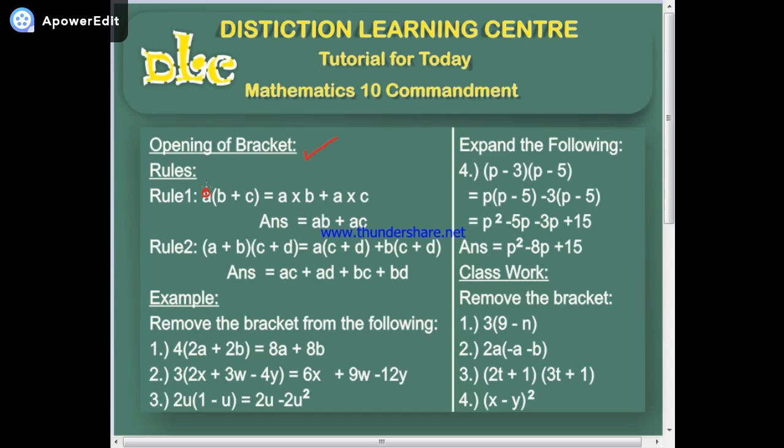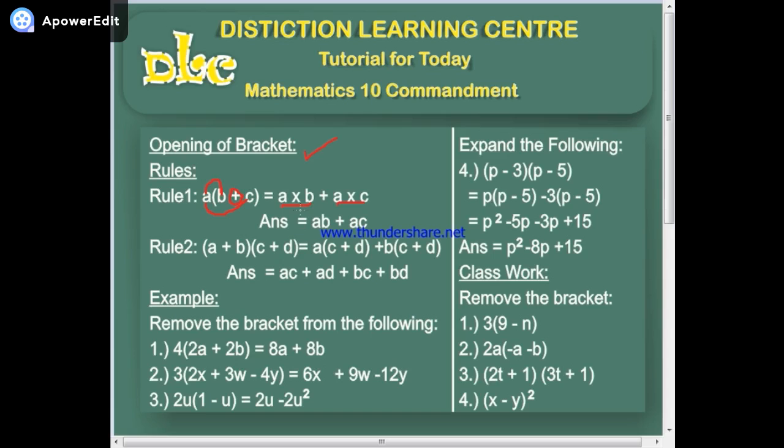So you will multiply this A by this B, so it will give you A times B. And you will also multiply this A by this C, that is A times C. And don't forget that there is plus at the middle here. So you will put this plus here and you now say A times C.